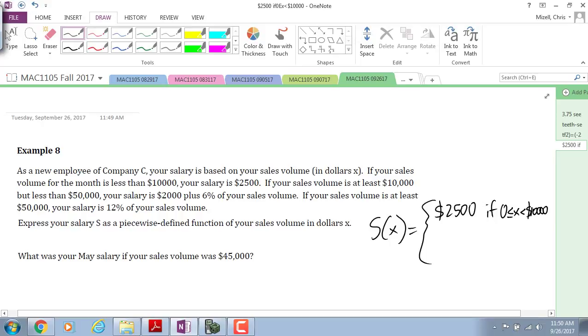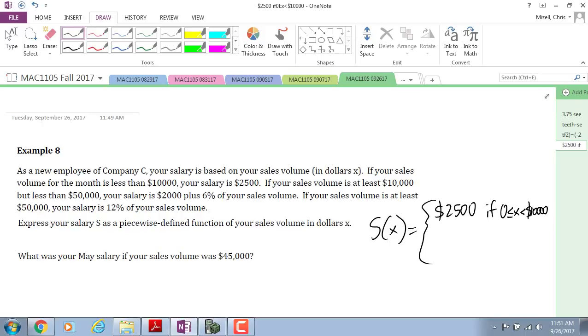So if my sales are $5,000, that's less than $10,000, so the salary would be $2,500. If I don't sell much at all, they might not want to keep me around for the next month. But if they're confident in my sales ability and I just have an off month, then maybe they'll keep me around, even with low sales like that.